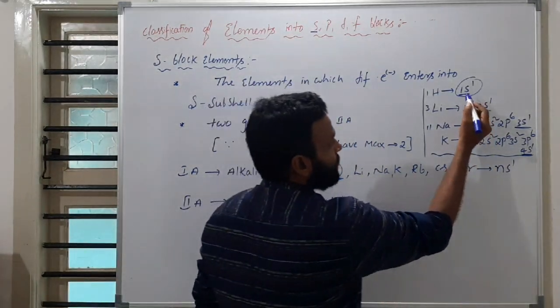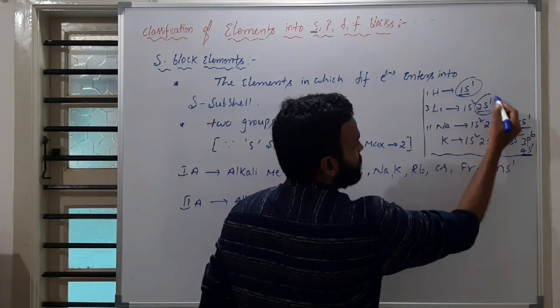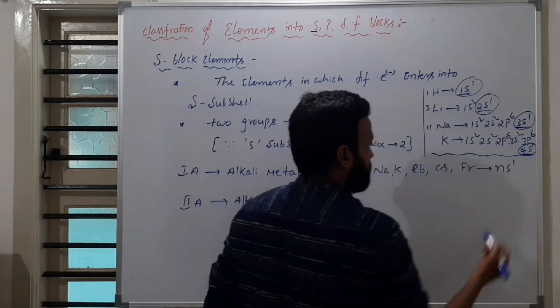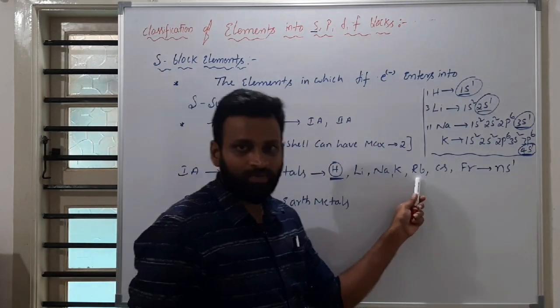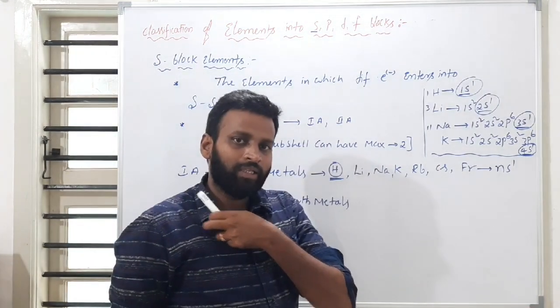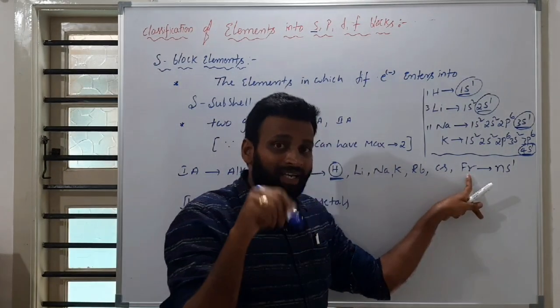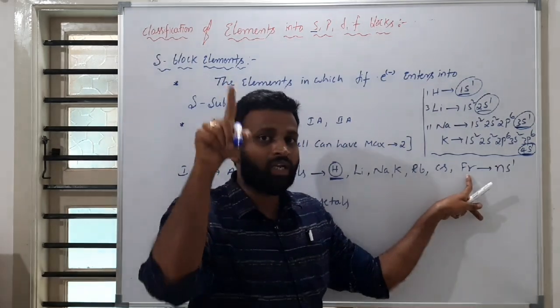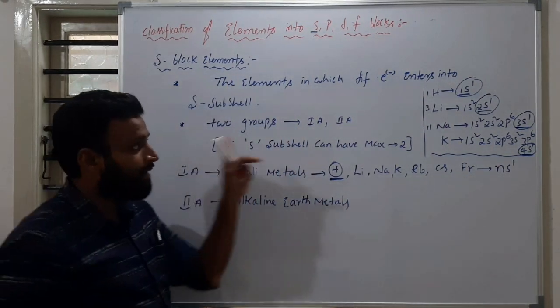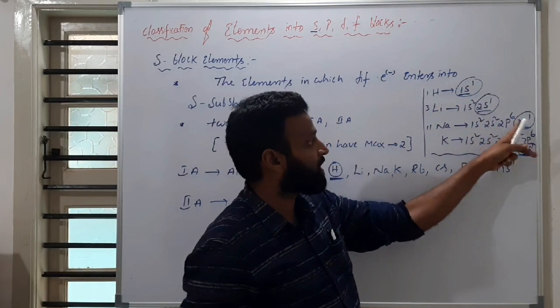So here 1s1, 2s1, 3s1, 4s1. Like that for rubidium 5s1, 6s1, 7s1. In 7s1, the 7 gives the period number and the s1, that 1 gives the group number, the number of electrons in the valency shell.